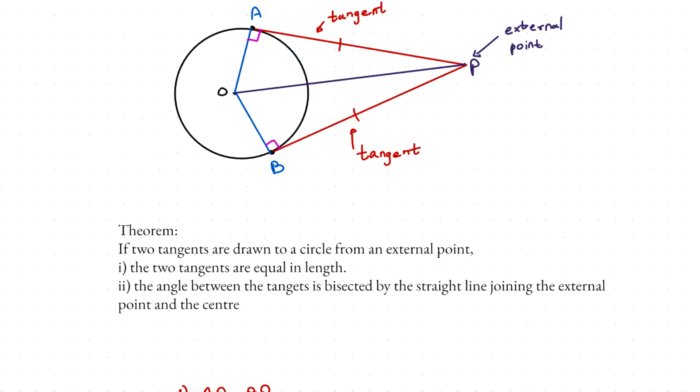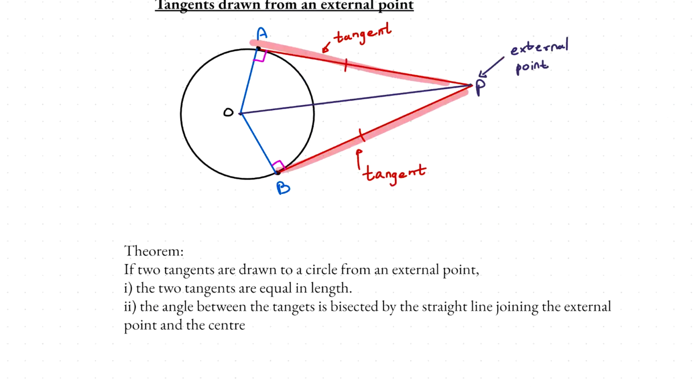So what are my tangents? This is my tangent, this is my tangent. The angle between them is this angle. So they're talking about this angle. So this angle is bisected, divided equally into two parts, by the straight line joining the external point and the center.